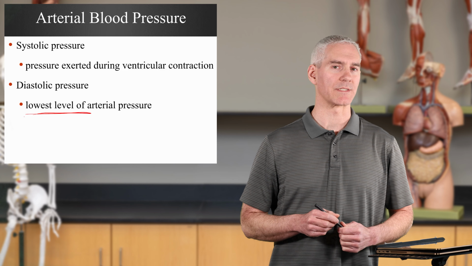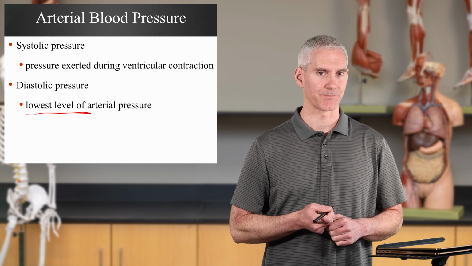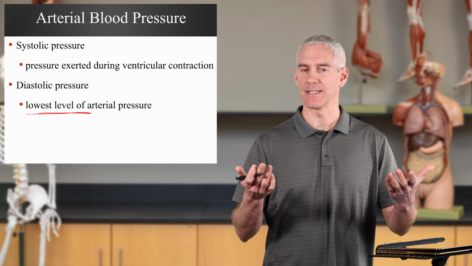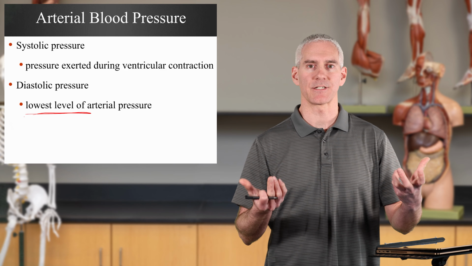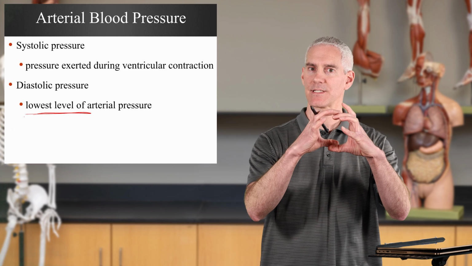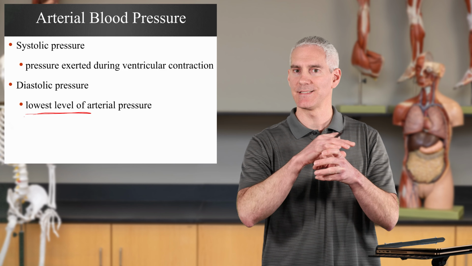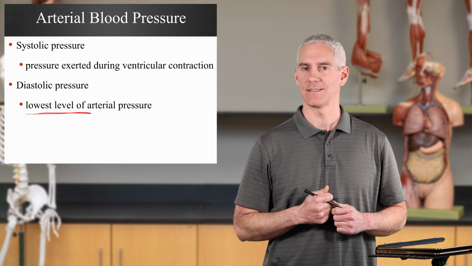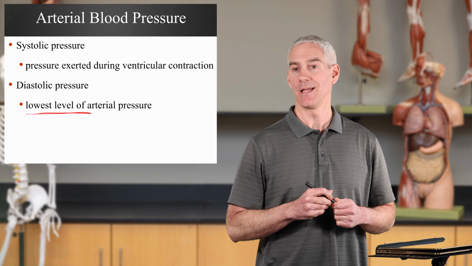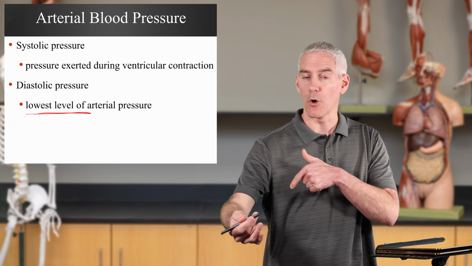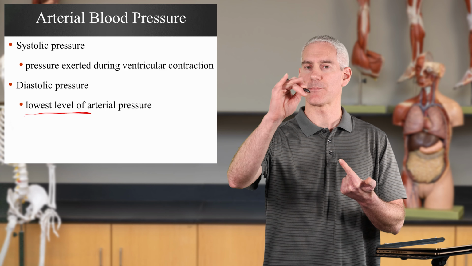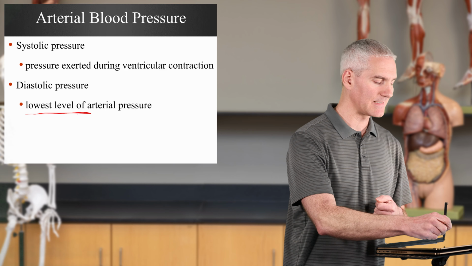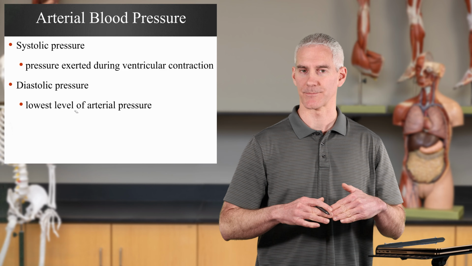That's the lowest level of arterial pressure. Because when the heart's not contracting, the aorta and the other elastic arteries are all coming back down to size. The pressure is dissipating down the line. That blood is moving and flowing down to the next set of arteries. As the blood leaves, with no blood replacing it, that pressure starts to drop. That's the diastolic pressure, the low pressure.